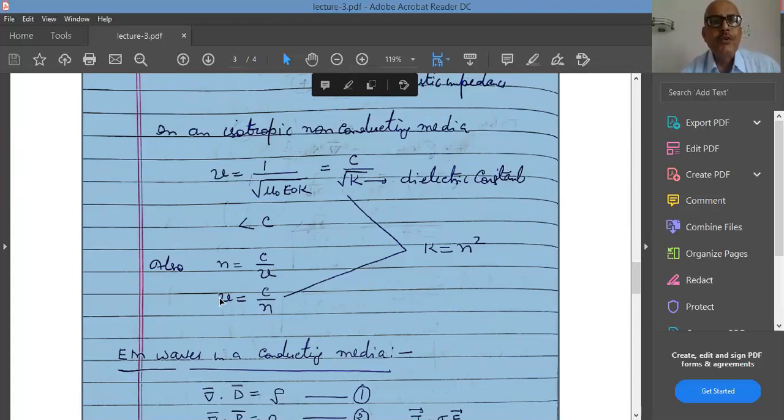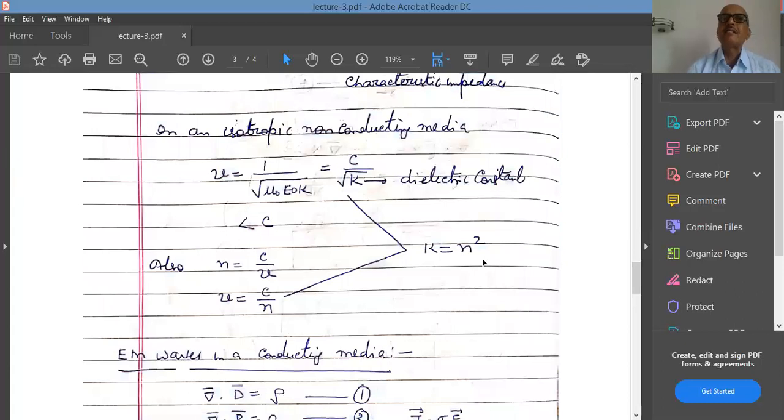So the velocity of light in a medium is the velocity of light in vacuum divided by the refractive index of the medium. If you compare the two, you can see yourself that under root k is equal to n, or k is equal to n square. That means the dielectric constant and the refractive index are related to each other by the relation k is equal to n square.